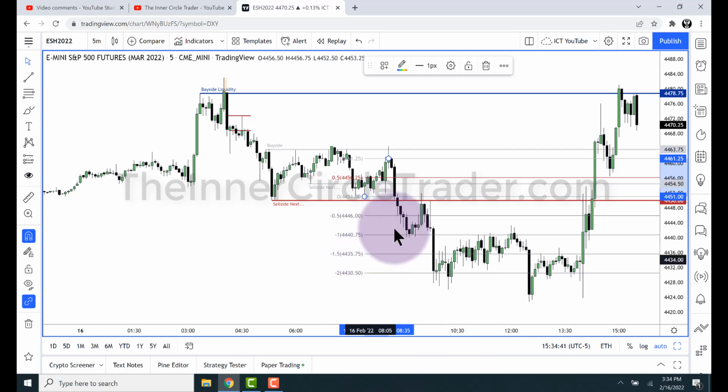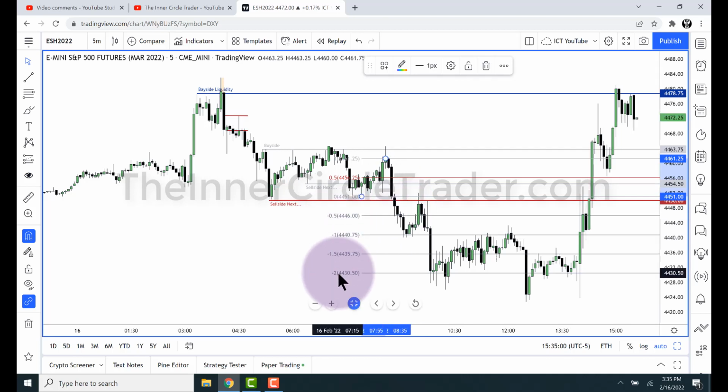All right, so you can see 446 right there. That's a half of a negative standard deviation. So I was looking at that level on one of my charts, and I used that to close it. I could have used, obviously, the -2 standard deviation, which brings us down here.